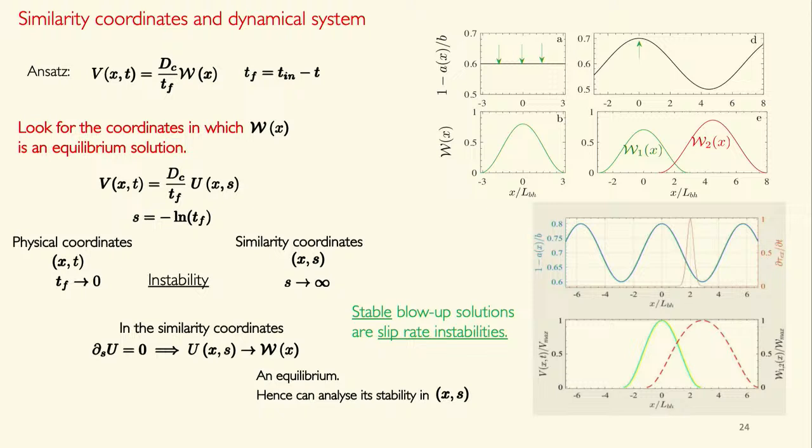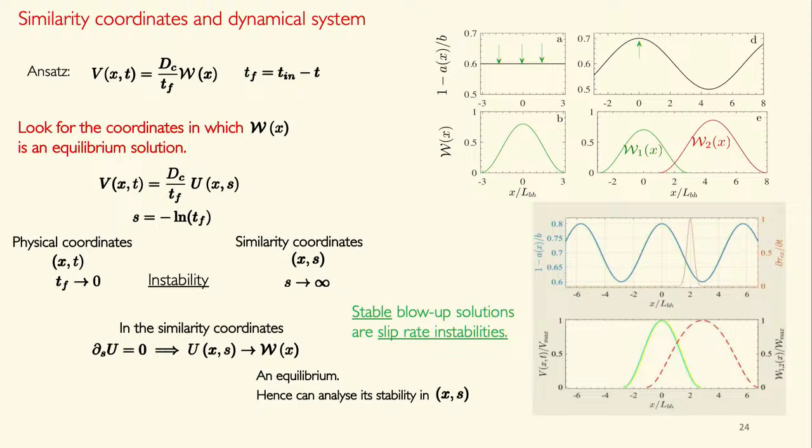So now our system is transferred from physical position and physical time to similarity coordinates, such that x remains the physical coordinate x, and s is now the logarithm of time to instability. So this is the time remaining to instability.